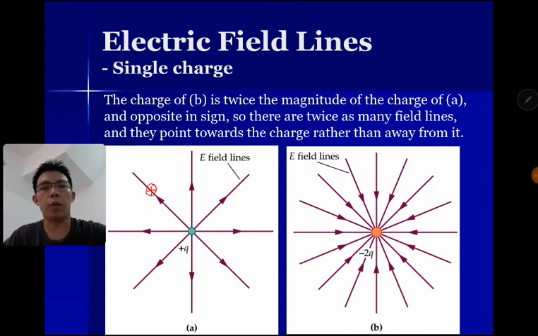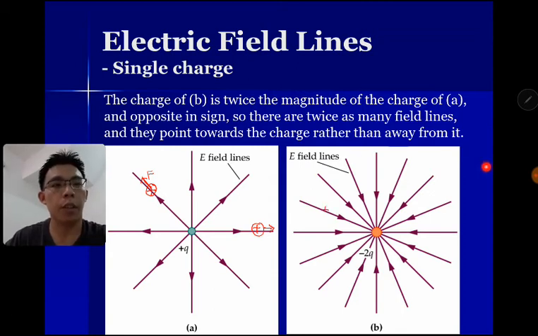The arrow will tell me that this charge will experience a force in this direction. If I place a positive charge here, it will also experience a force in this way. If I place a positive charge here, then according to the arrow, it is experiencing a force that is towards the negative charge.